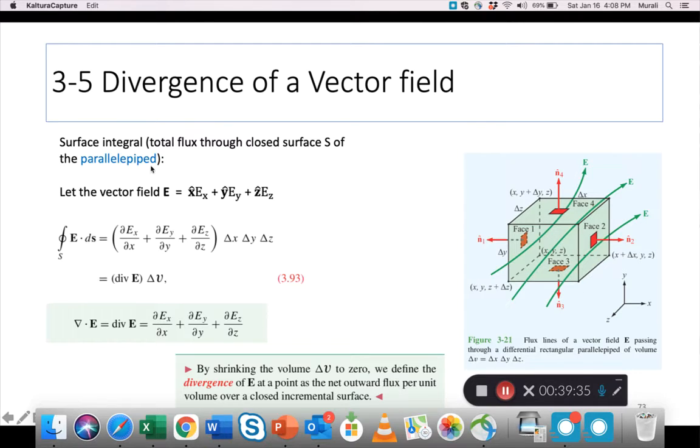In this parallelepiped, he is showing a field E with flux lines. This little parallelepiped is sitting inside the field, and the flux lines of a vector field are passing through a differential rectangular parallelepiped of volume delta V, which is delta x, delta y, delta z.